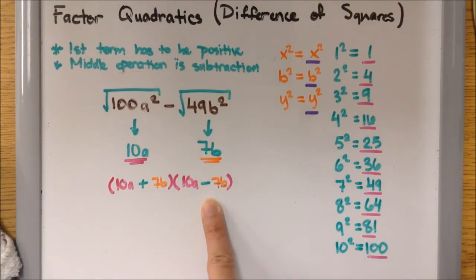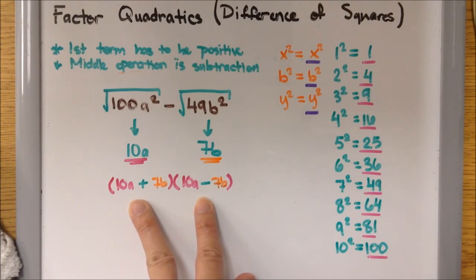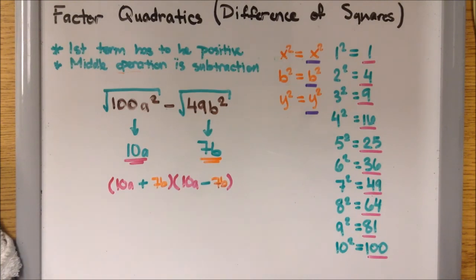But if you put minus first and then plus second, that's okay. But if you put the same operation, that's wrong. If you put two minuses or two pluses, then it's wrong. One answer has to have minus, one answer has to have plus. Order does not matter.